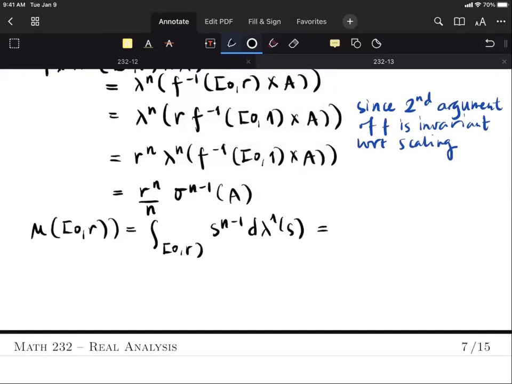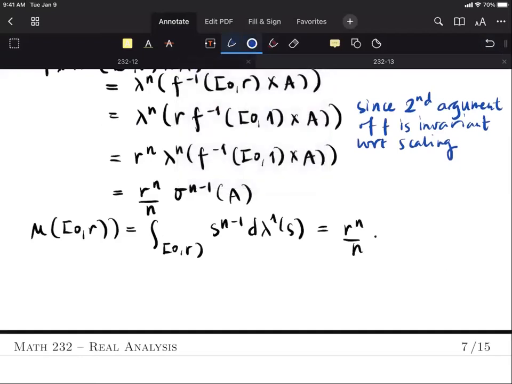And since this is continuous, the Lebesgue integral is the same as the Riemann integral, and we know how to integrate this. This is basically s to the n over n from 0 to r. So we'll have r to the n over n.